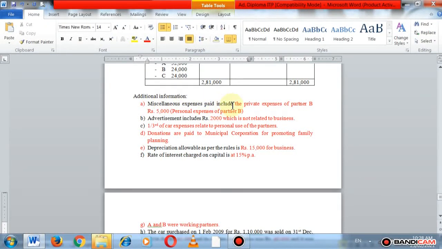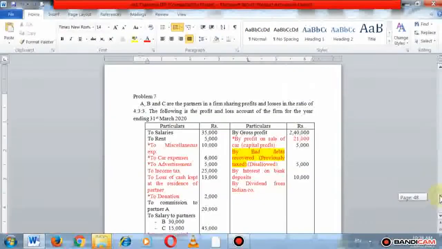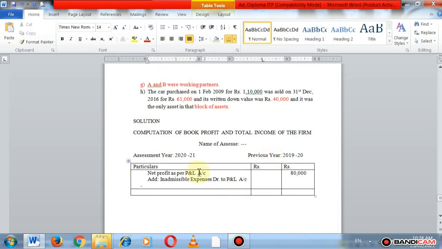Miscellaneous expenses paid include rupees 5,000 personal expenditure of partner B. So these are the personal expenditure of the partner. So here in profit and loss account we highlight the miscellaneous expenses. It is taken into consideration while computing the income of the firm, so we highlight it. So here 10,000, but 5,000 is personal expenditure, so only 5,000 is added in net profit.